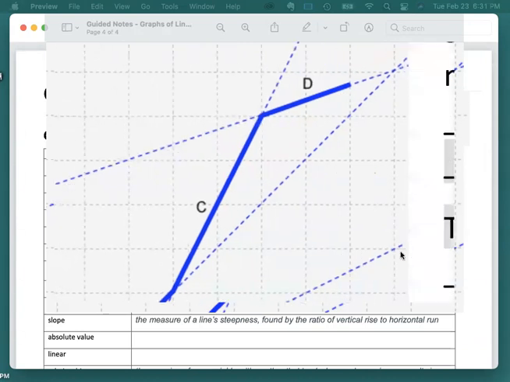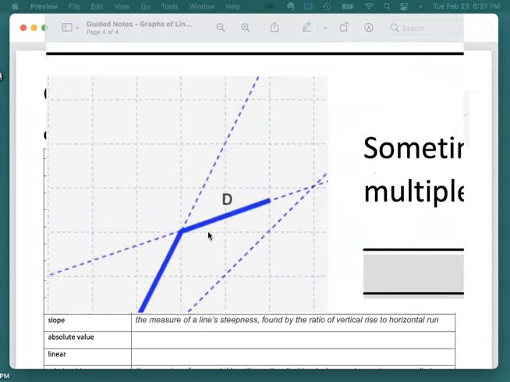And then D, it looks like it's up 1/3. It doesn't quite finish, but up 1/3 for D.